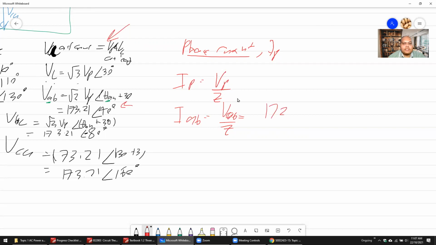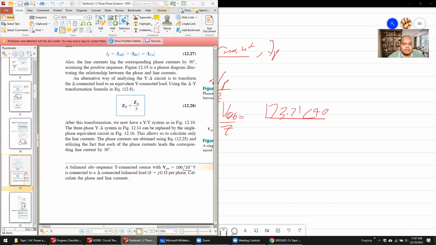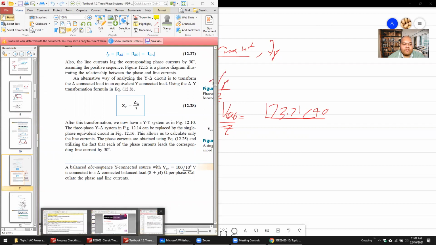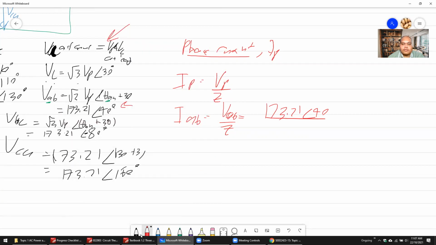so IAB is this one. 173.21 angle 40 divided by, look back the textbook, it's for per phase, okay? 8 plus J4, okay? You get, so use the calculator, 173.21 angle 40 divided by open bracket 8 plus 4i.